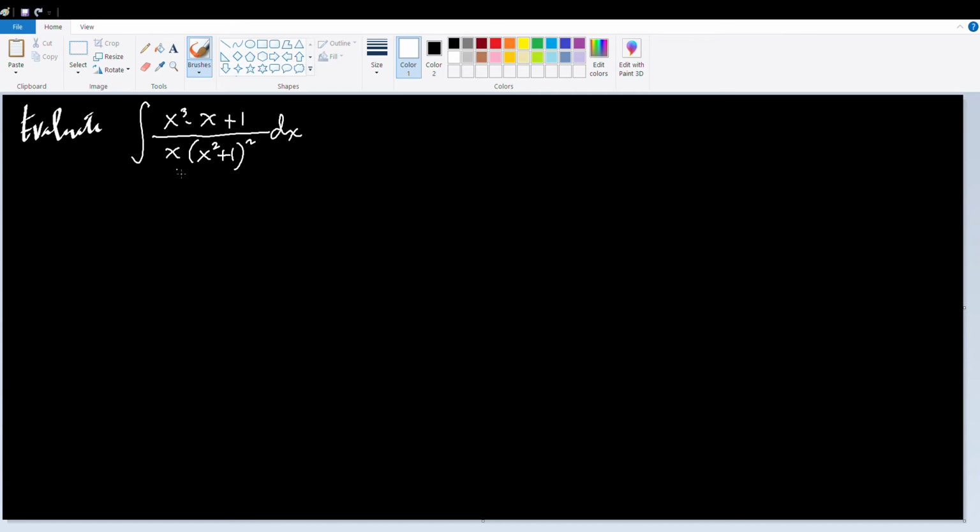So observe that the denominator is already given in the factored form. One linear factor x and a quadratic factor x squared plus 1 that is repeated. So let us work on the integrand by breaking this down into several partial fractions.